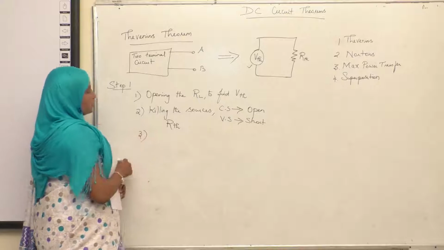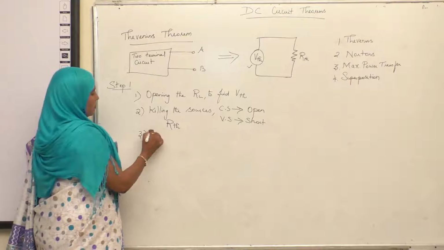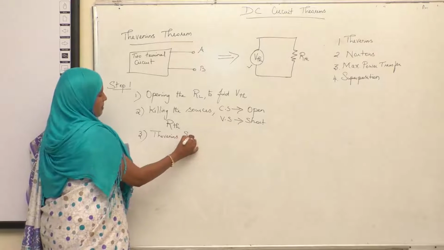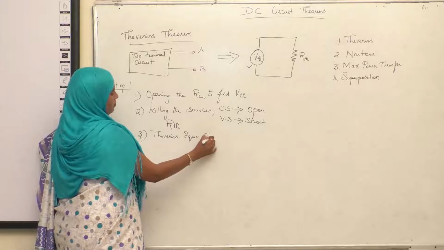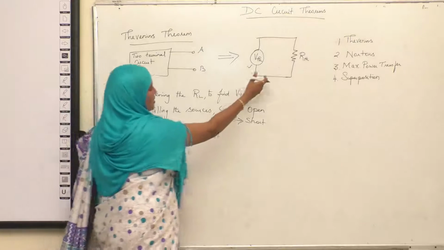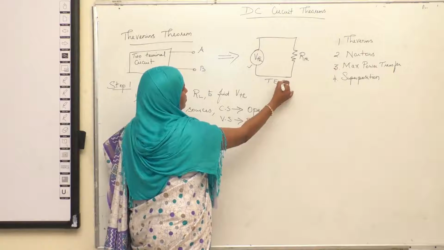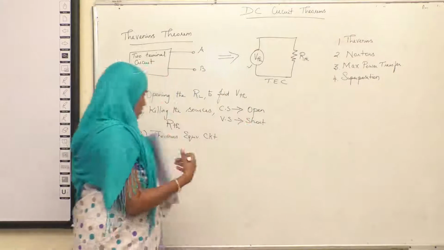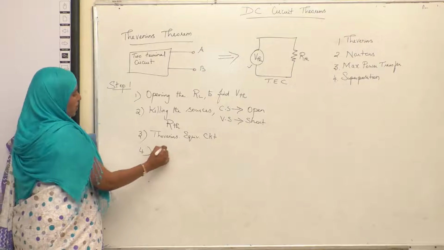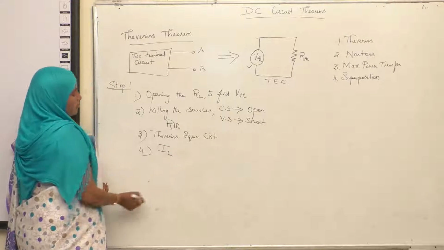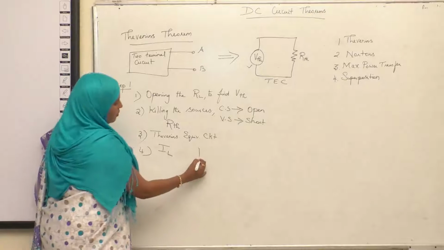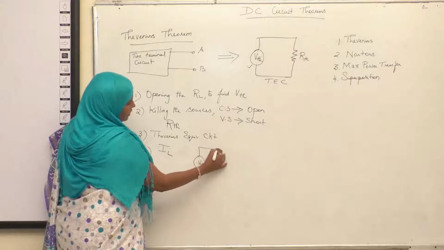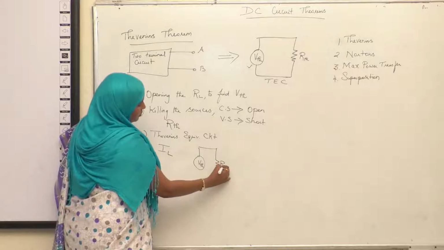Then the third step is to draw Thevenin's equivalent circuit, which consists of VTH in series with RTH. Then the fourth step is to find the load current IL. To find that, you have to add the load resistance. We already found VTH and RTH.